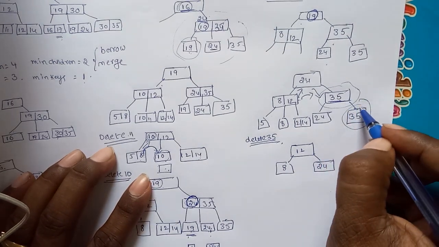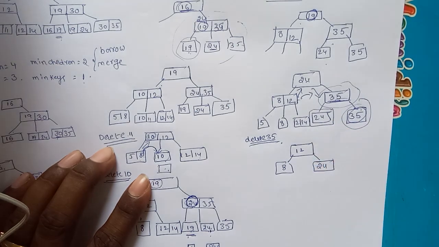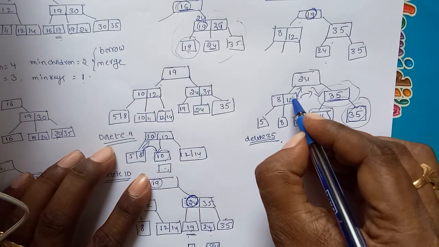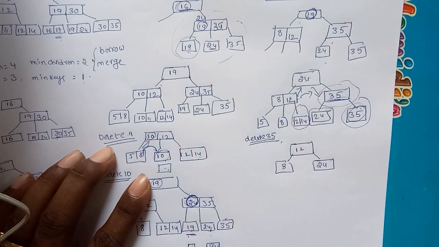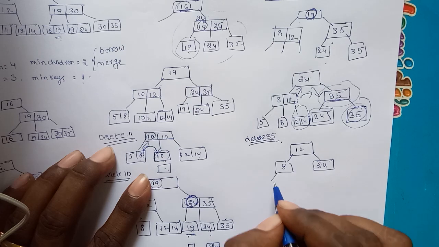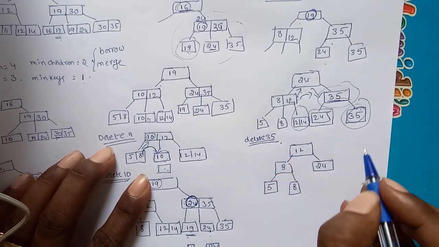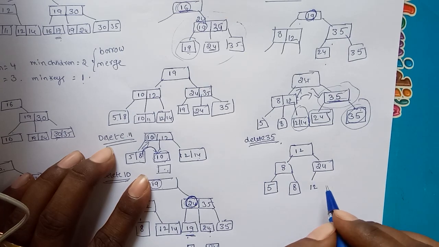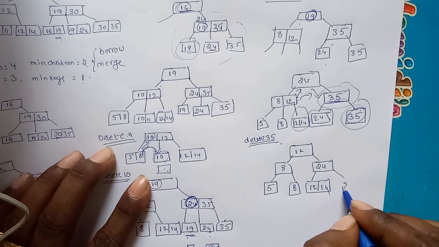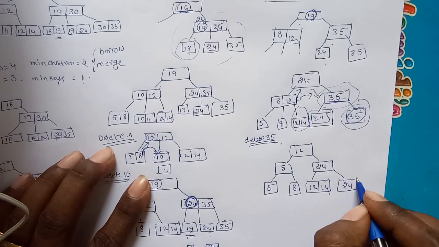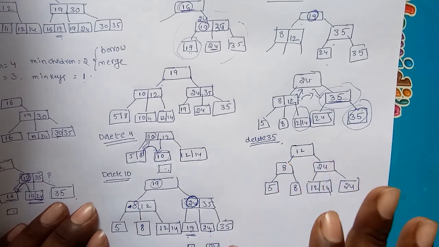So I am removing this 35, and here we have only one node, 24. By moving the 12 to the root, its children are also moved. Whenever we are moving a node, its children, that is 12 and 14, are also moved. And this is 24. Simply we merge. Okay, the procedure is completed.